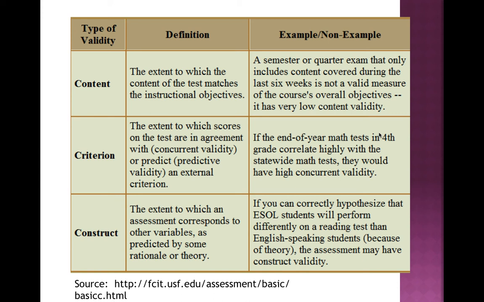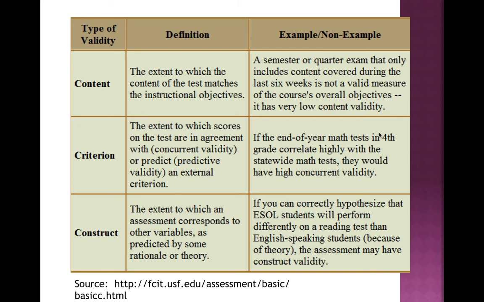So the next is criterion validity. This is the extent to which the scores on the test are in agreement with or predict what the concept is. For example, in this testing example, because I think it's easier to understand, if you have an end-of-the-year math test, does it correlate with what everyone's doing on a state level?